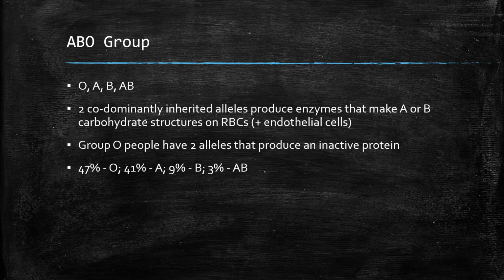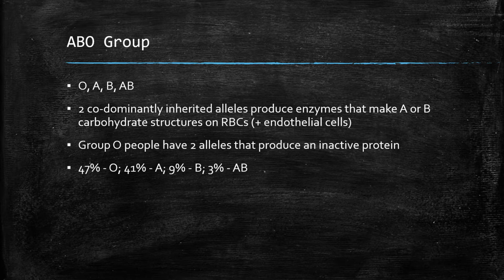The ABO blood group consists of 4 different types. In the United States, 47% of people are type O and 41% are type A. The rest are either B or AB.